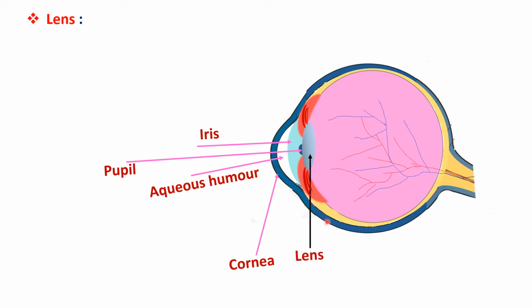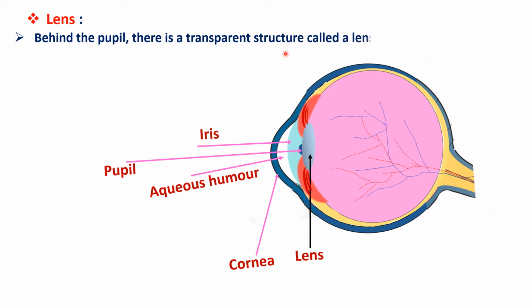This is the lens, eye lens. See here, behind the pupil there is a transparent structure called lens.